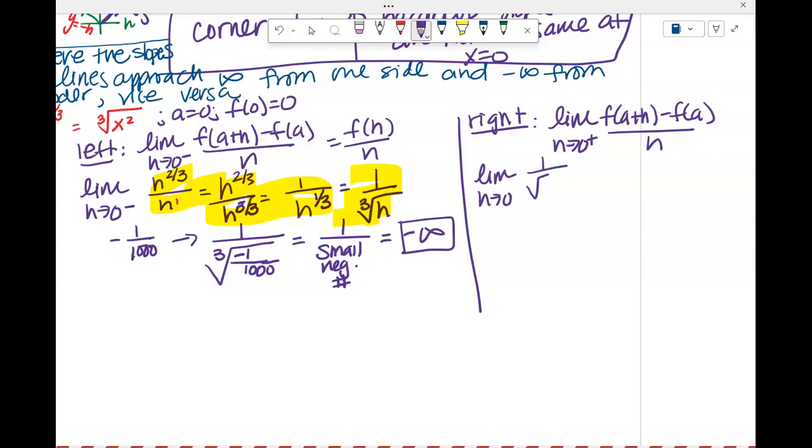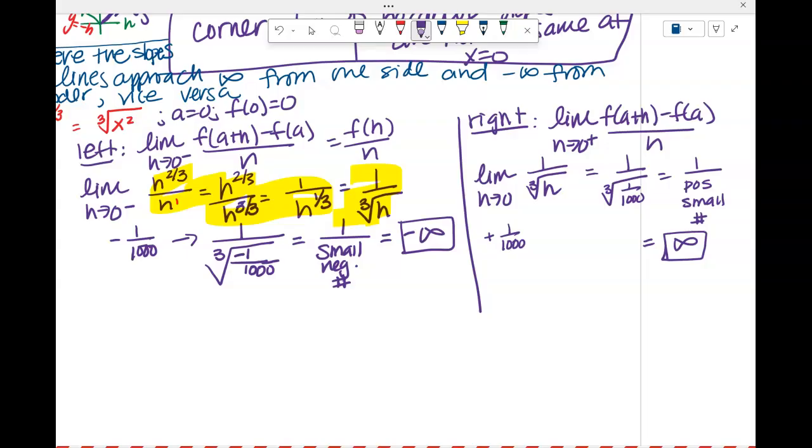So basic algebra, all of it comes out to be the same until we get to the end. So now instead of picking negative 1 over 1000, I'm going to pick a positive 1 over 1000. When we take the cube root of a positive tiny number, we get a positive small number. And 1 divided by a positive small number is going to be infinity.